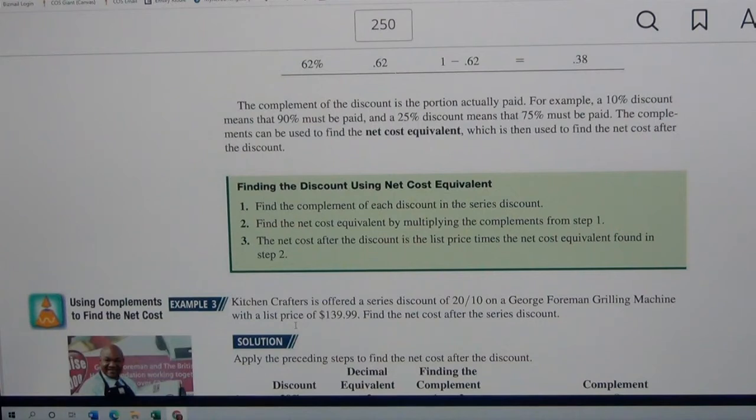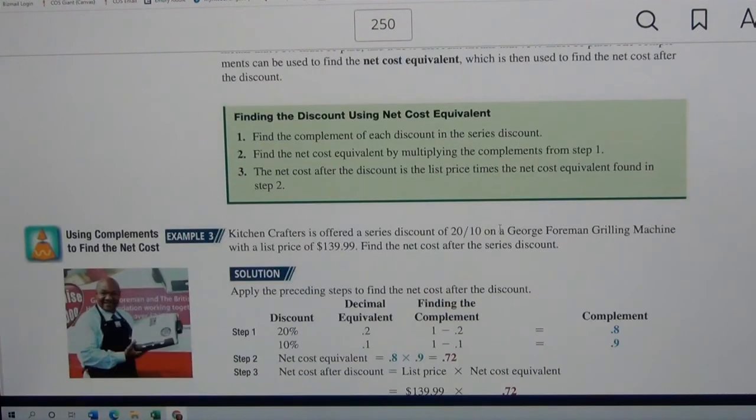We're still talking about 20/10. You might think, I'll just take 20% of the list price, but instead we're working toward a way to make this easier for us. We're going to take the 20% and figure out the decimal equivalent. That's 0.2. The complement is 0.8.